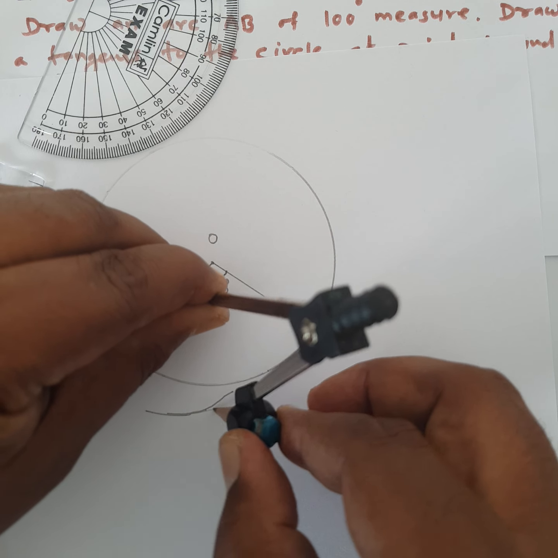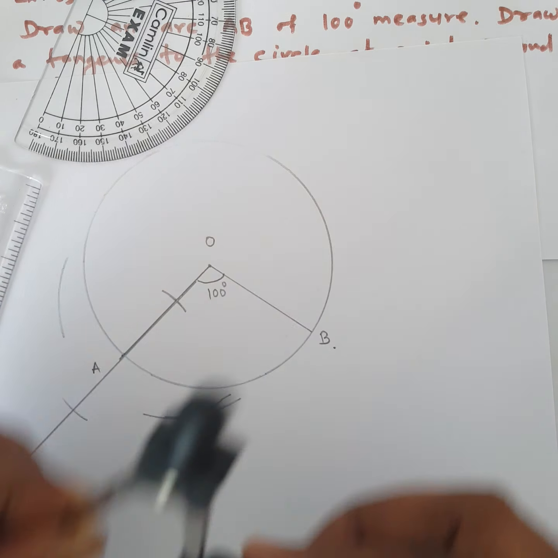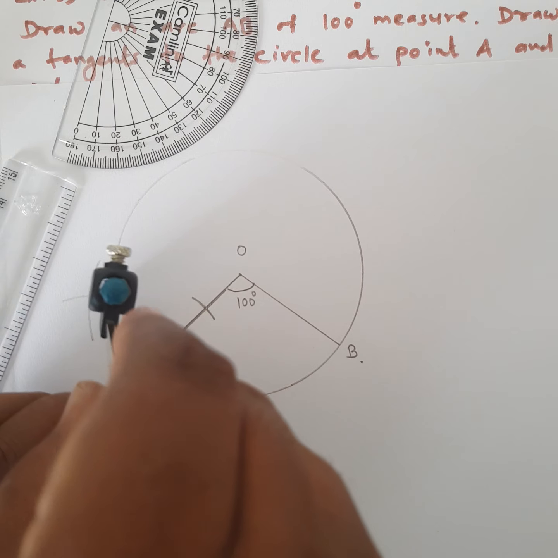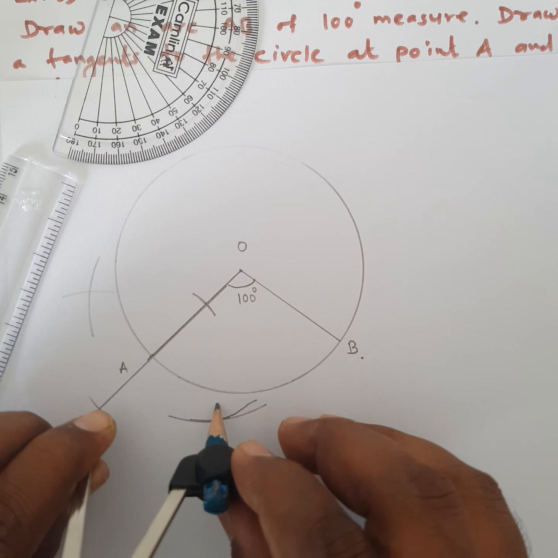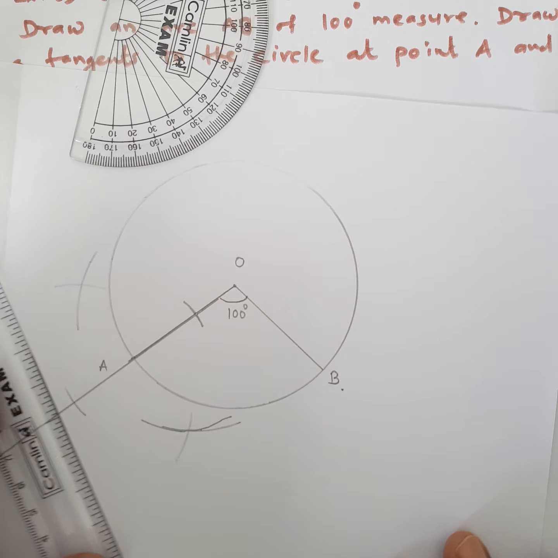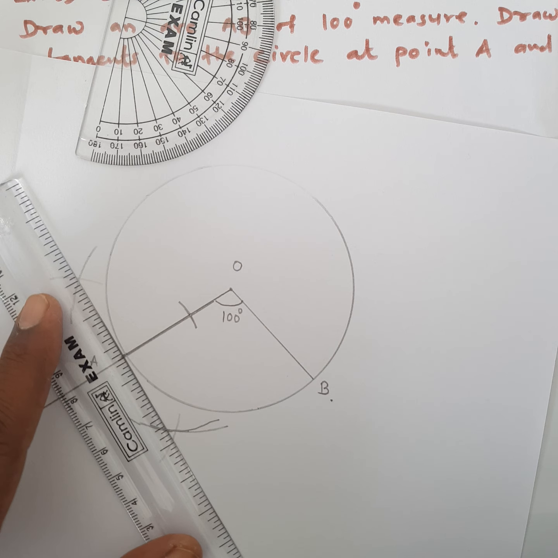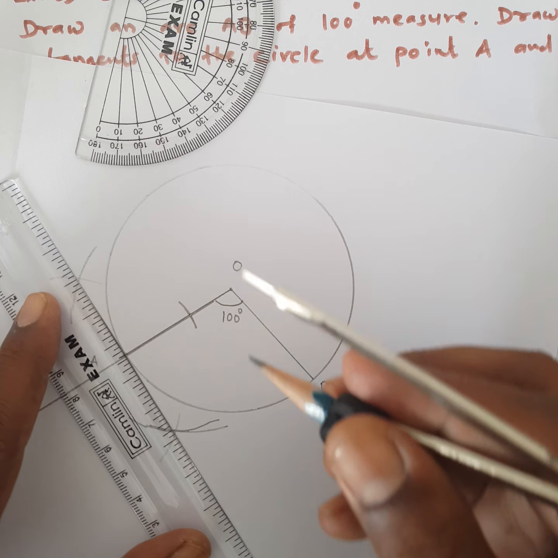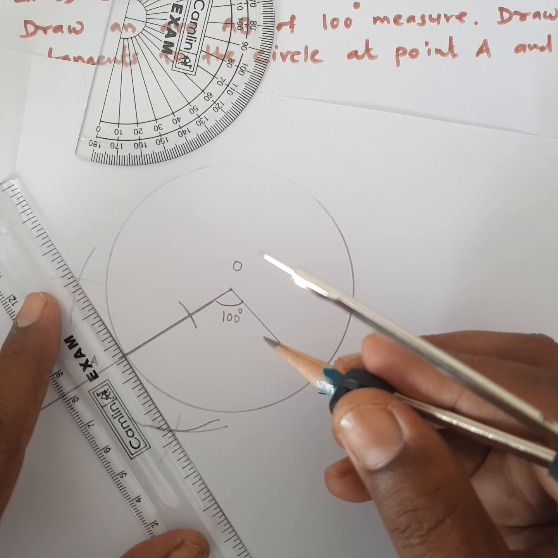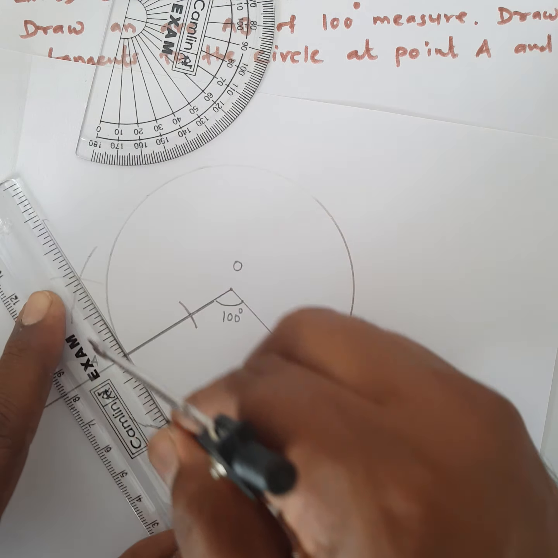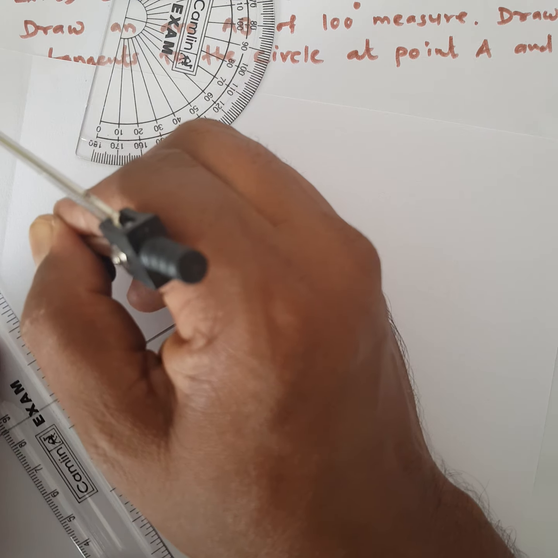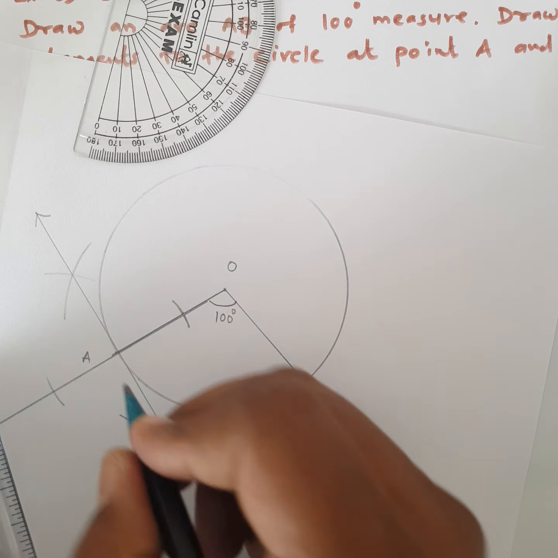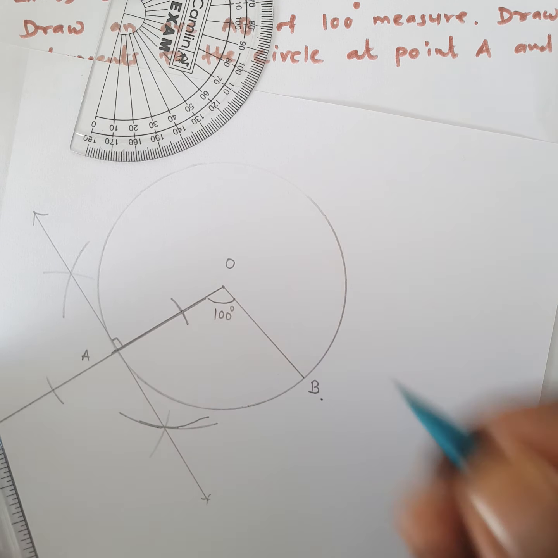Then draw intersecting arcs at the same length. Now the line passing through these two intersecting points will be the tangent of the circle passing through point A. This is the first tangent passing through point A on the circle.